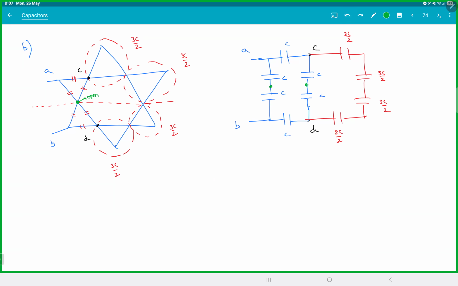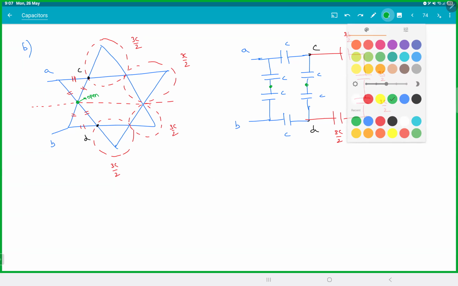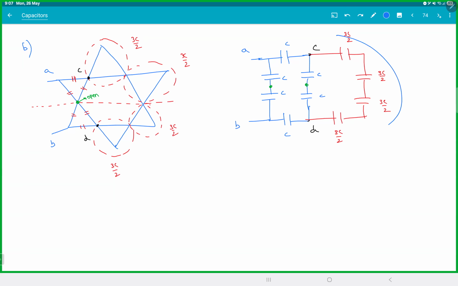What do you guys think? I think then we are done, I guess. So this 4 will be how much? 3C by 2 by 4. That will become 3C by 8. I'll just redraw this again. So CC, this will become C by 2 in the center. This is C. This is C by 2. So this is C by 2, and that is 3C by 8 by half plus 3 by 8.